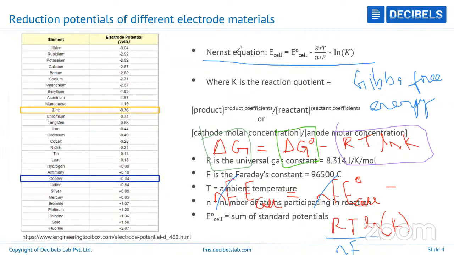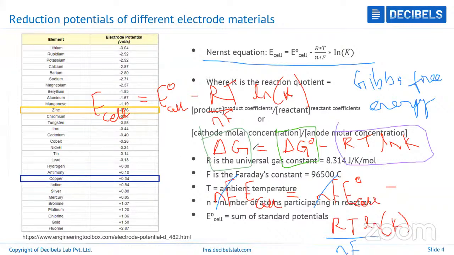So E cell, which is the total cell potential, is equal to E naught of cell minus RT by NF into ln of K. This is your final derivation of the Nernst equation, and this is how the total cell potential will be calculated.